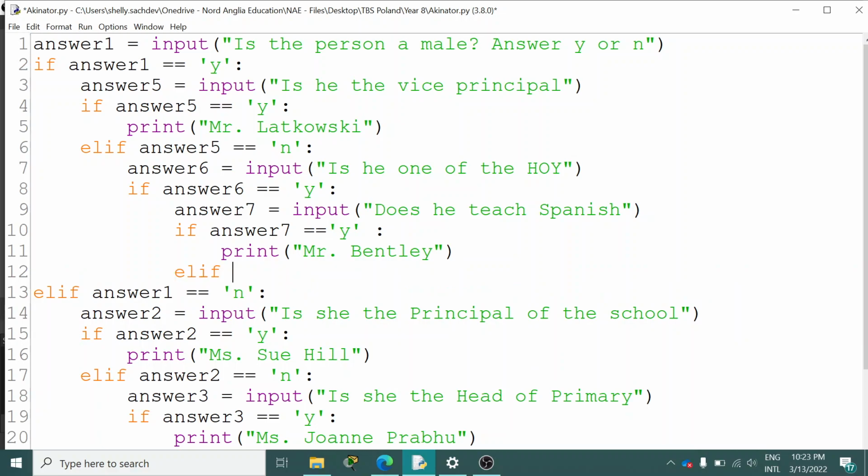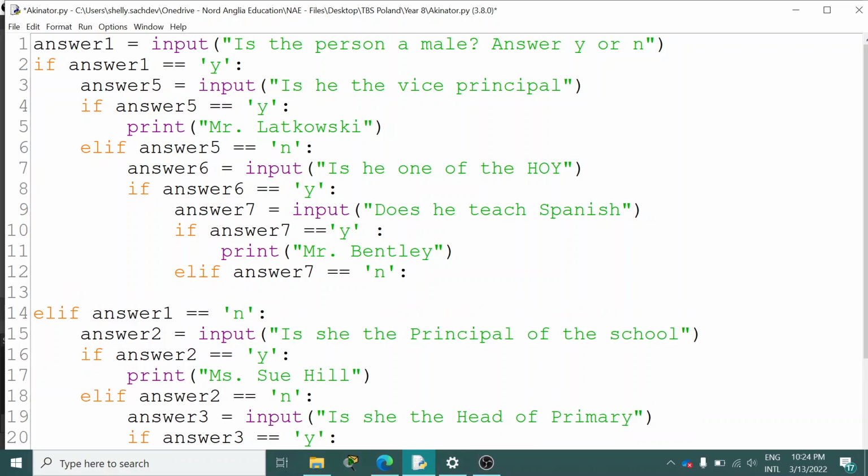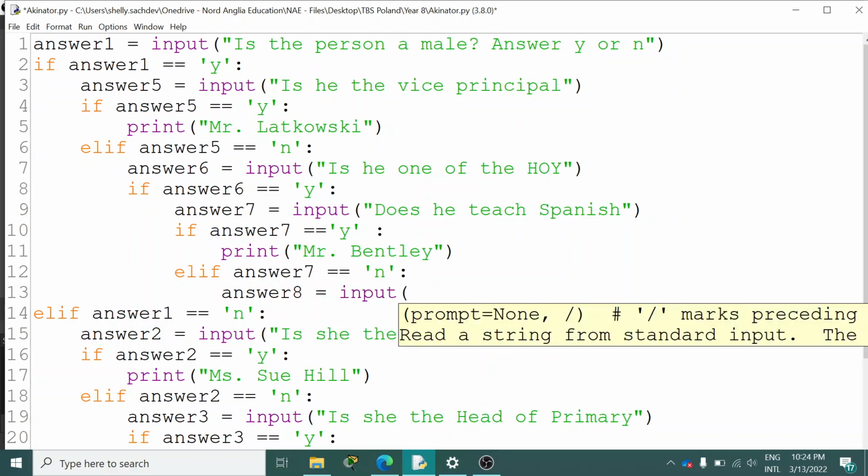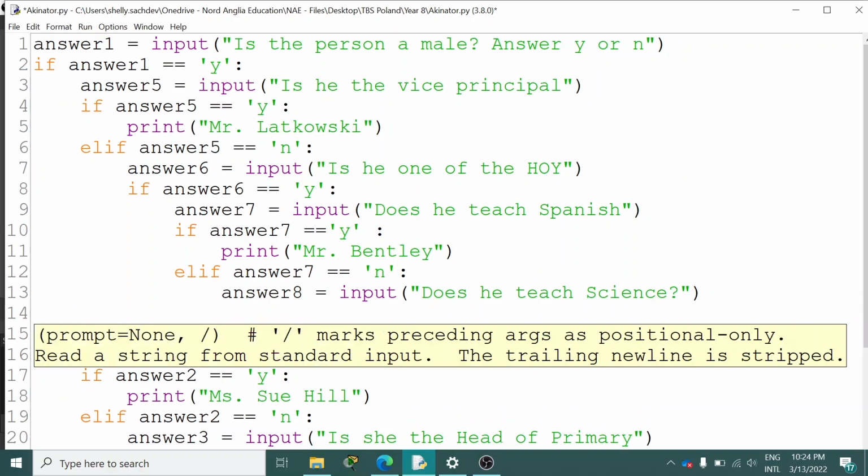Okay. Elif, if he does not teach Spanish, then what? Okay, so if the answer to the above question, Spanish, is a no, then again another question will have to be asked. Input: does he teach science? Right?